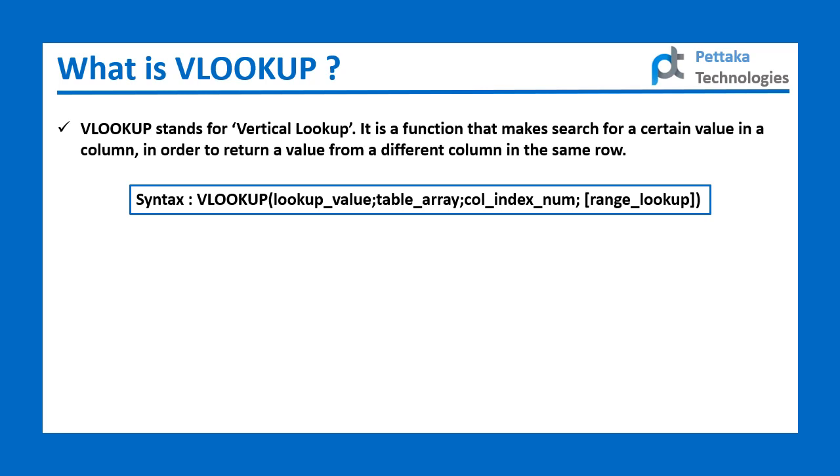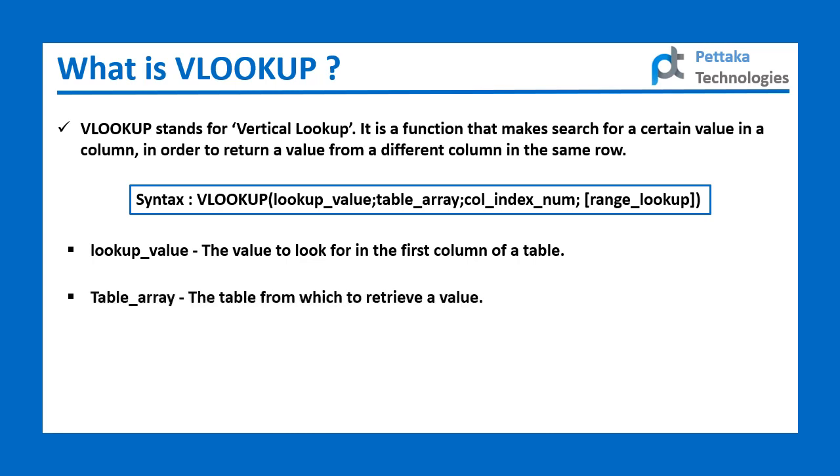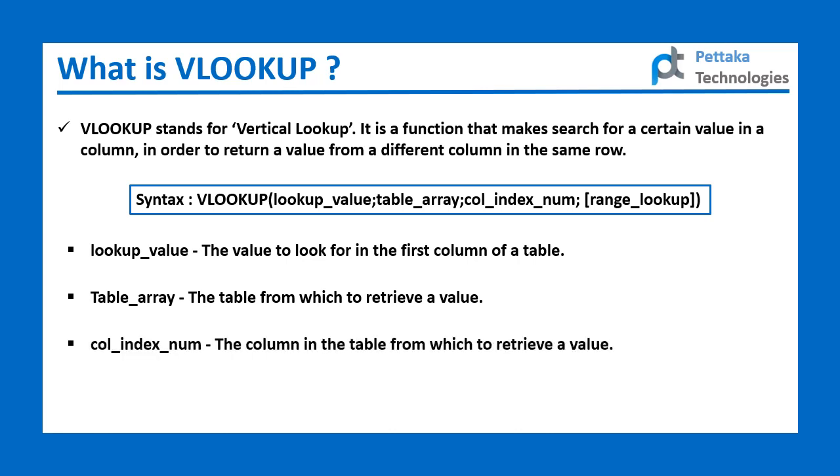We will explain you the arguments in VLOOKUP one by one. First one is lookup value, the value to look for in the first column of your table. Second one is table array, the table from which to retrieve a value. Third one is column index number, the column in the table from which to retrieve a value.